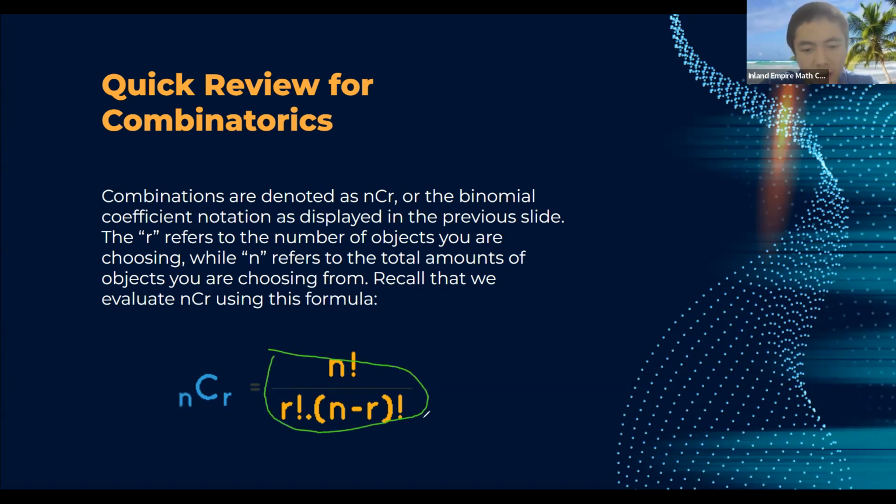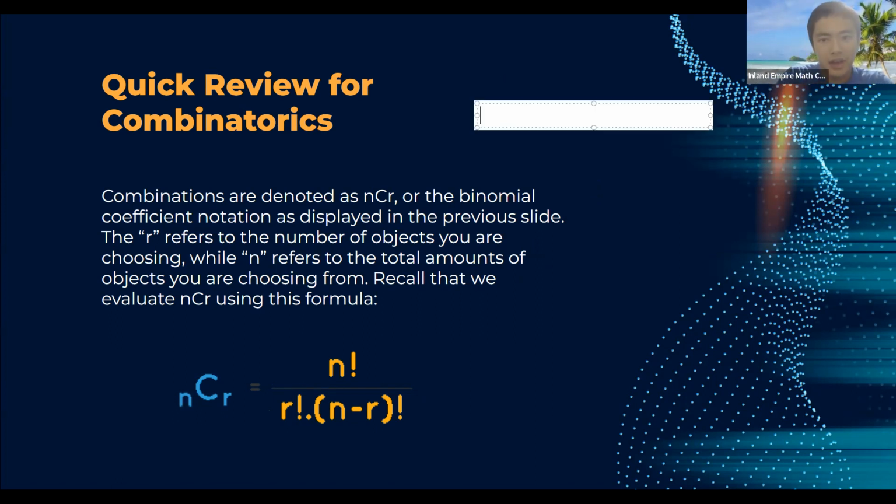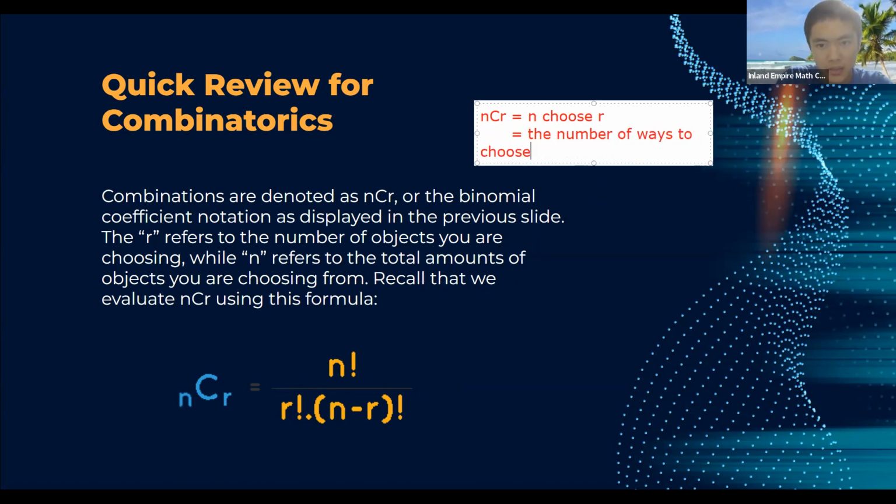And in case you guys are completely confused by why combinations exist, basically n choose r is the number of ways to choose r volunteers from a classroom of n students. Let me write that down. So again, n choose r is simply equal to the number of ways to choose r volunteers from a class of n students.